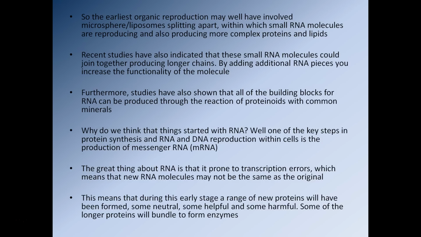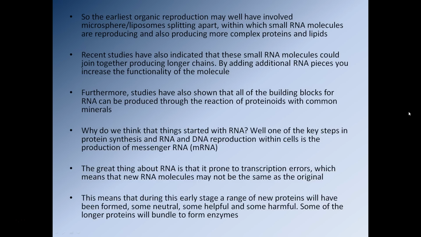In order to reproduce DNA, you need to use an intermediate step, which is called messenger RNA, or mRNA. mRNA is important because that's what we use to reproduce DNA. So essentially, our ability to reproduce DNA is dependent on RNA. That means, in all likelihood, RNA had to have come first before DNA.